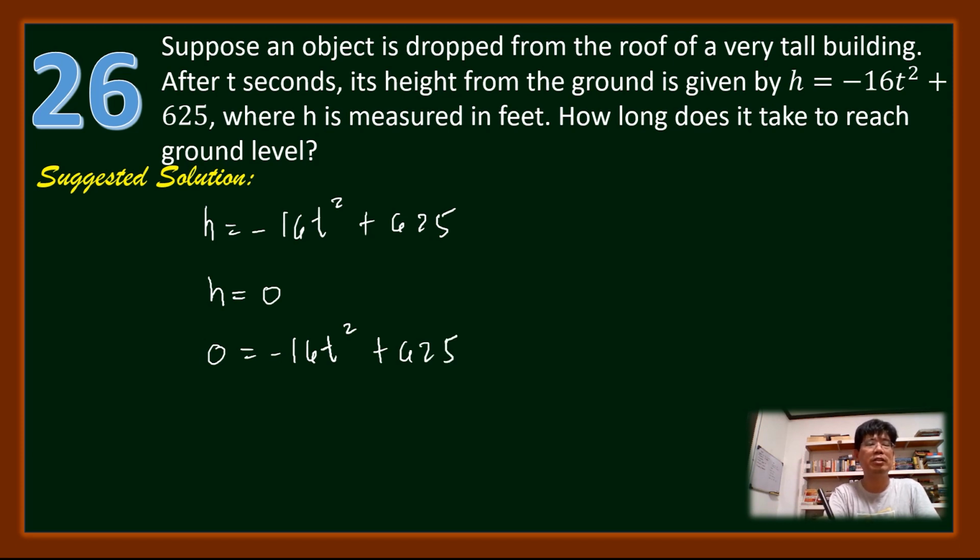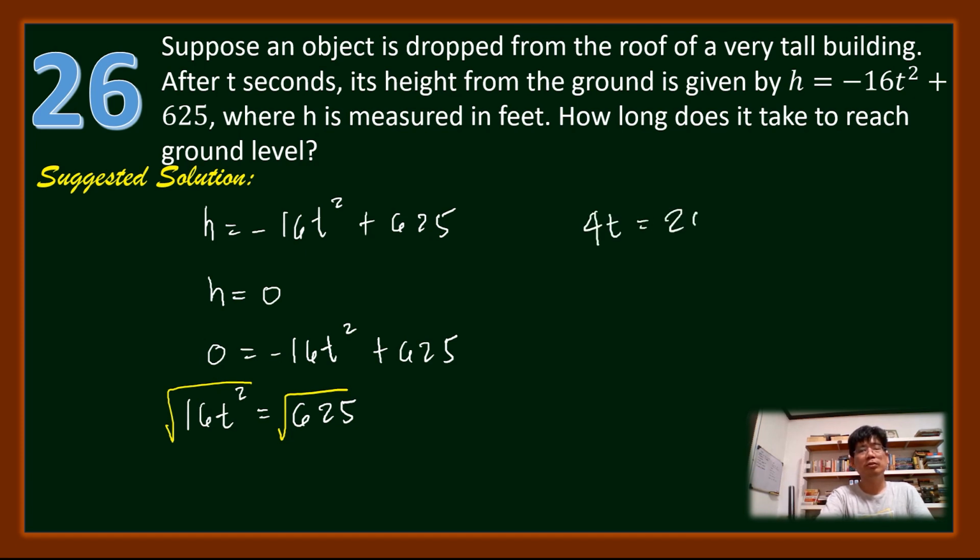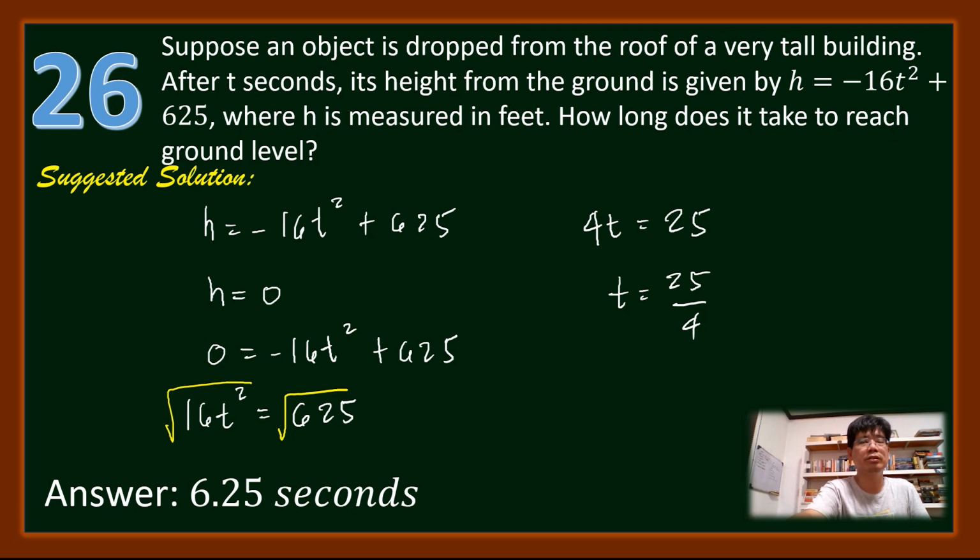Adding 16t squared to both sides of the equation, we have 16t squared equals 625. This time, let us get the square root of both sides of this resulting equation. So we'll get 4t is equal to 25. Now let us divide both sides of the equation by 4. We get 25 over 4 seconds, or this is equal to 6.25 seconds.